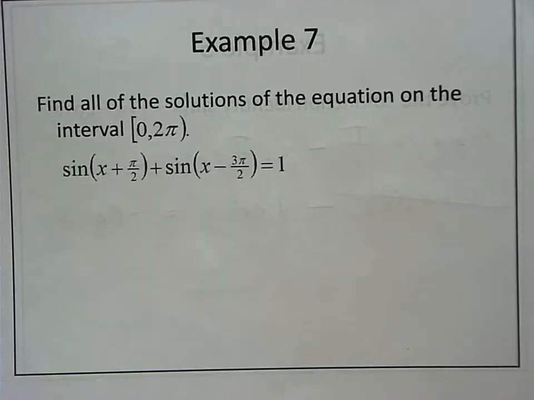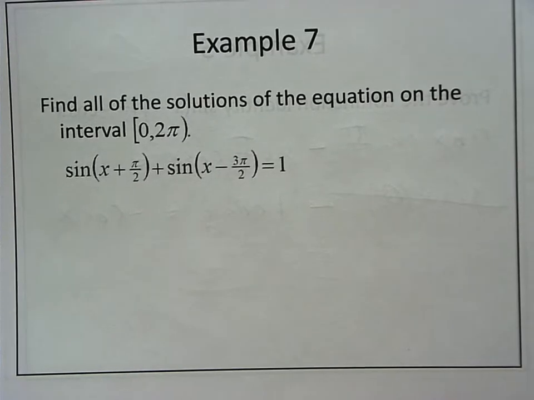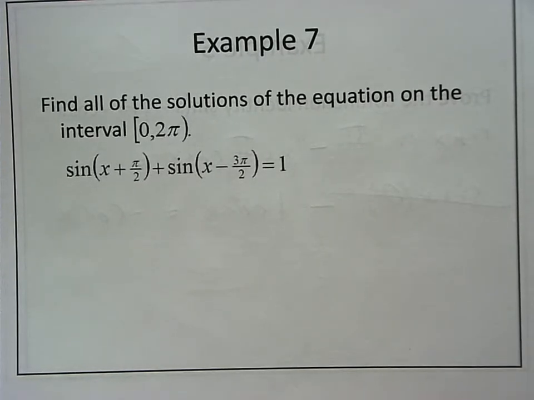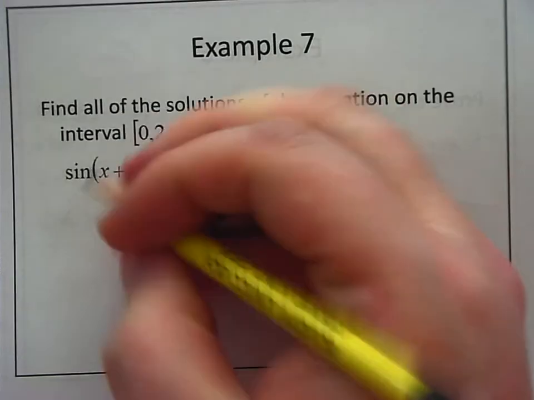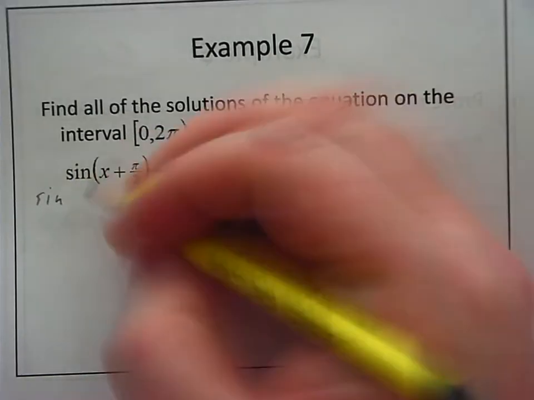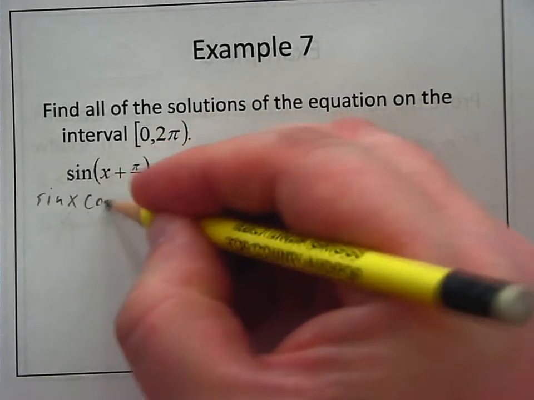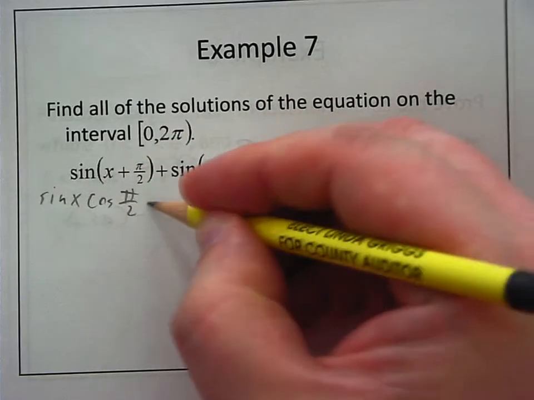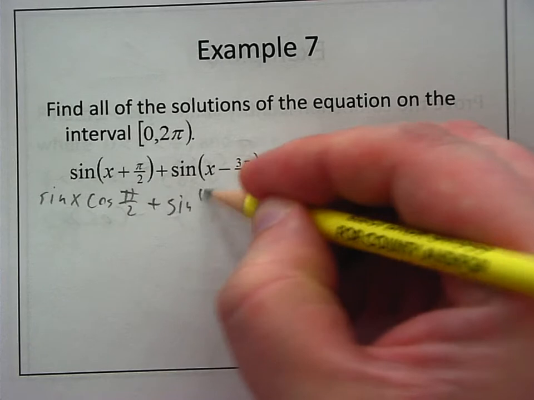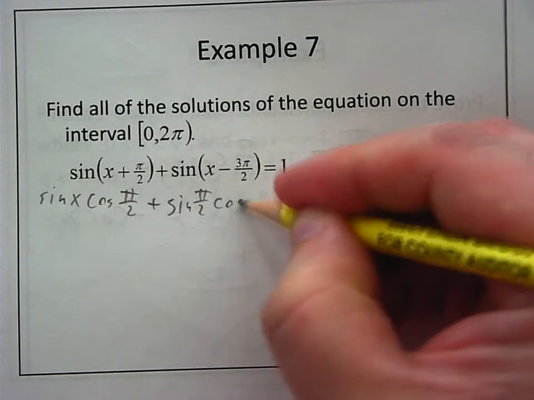So for this one, first I need to split it up into parts I can work with, because I ultimately want to solve for x. So I'm going to split this up: sine of x times cosine of the second plus sine of the second times cosine of the first.